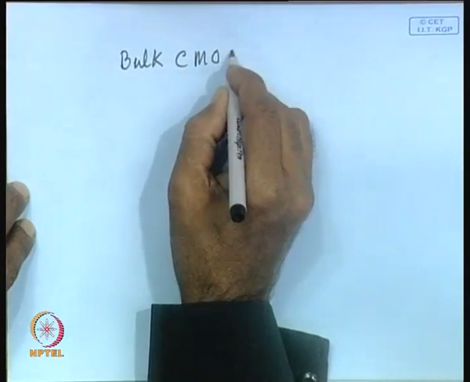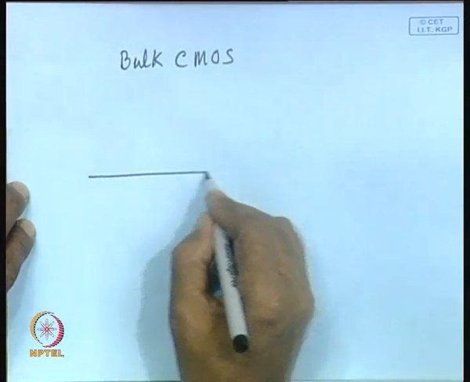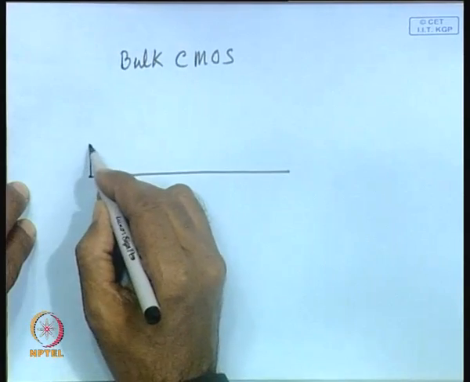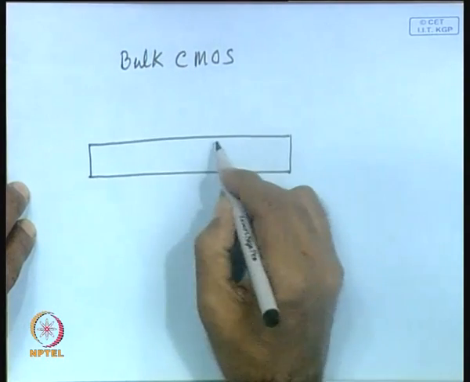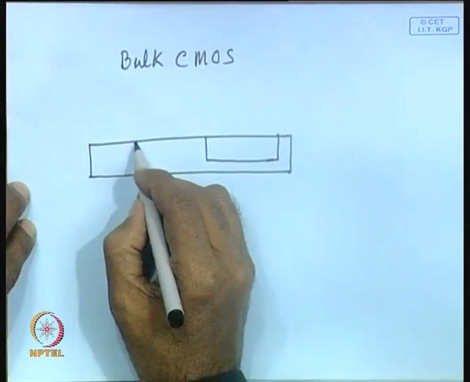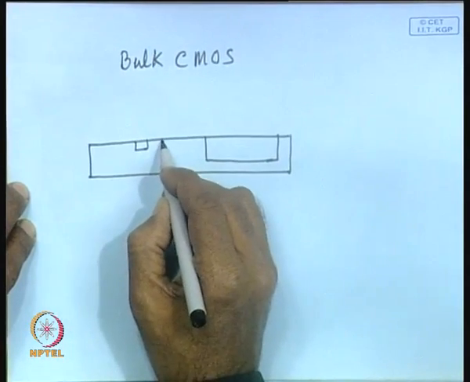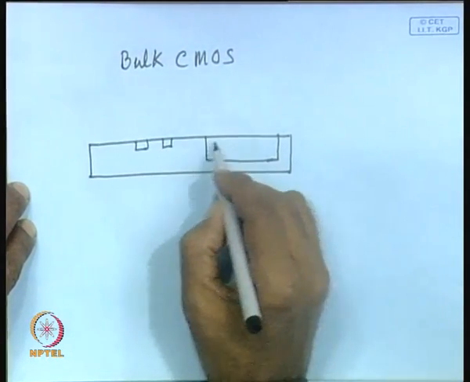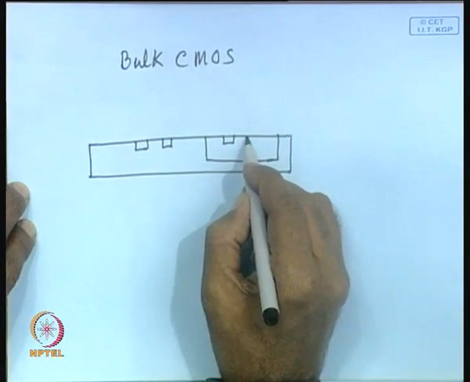Here what you are doing, you are starting with a substrate, and then you are creating the N-well, you are creating the NMOS and PMOS transistors. Here is the NMOS transistor, here you are creating the PMOS transistors.